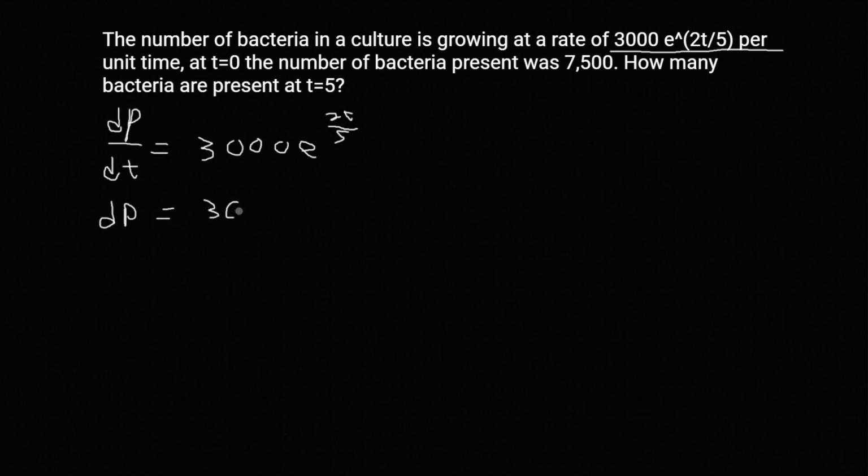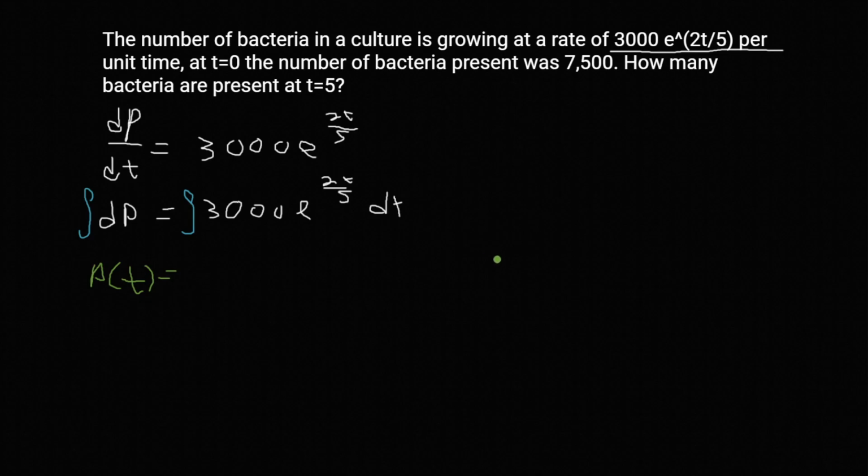So we're going to have 3000 e to the 2t over 5 dt. And now we can simply integrate both sides. And so now we have the integration of dp. This is originally with respect to dt, so this is just going to be our population as a function of time.